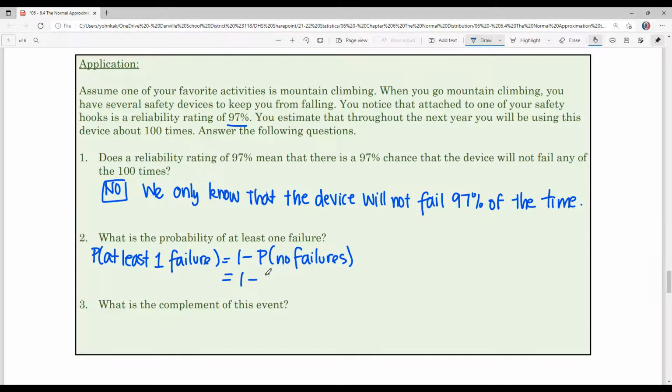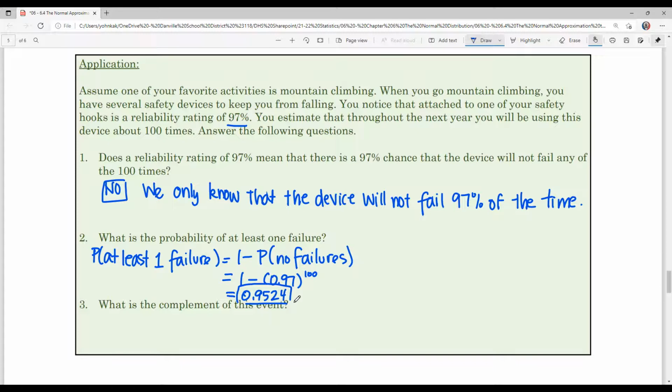So I can do 1 minus 0.97 to the 100th, 100 tries, 97%. If I do this, I get 0.9524. So there's about a 95% chance that we're going to have at least one failure. It's not perfect.